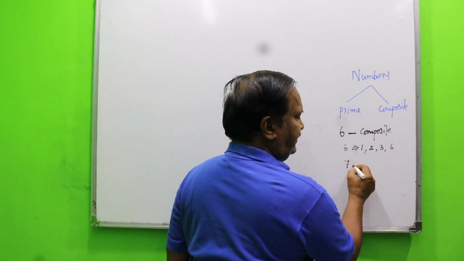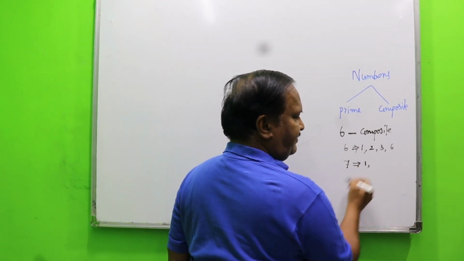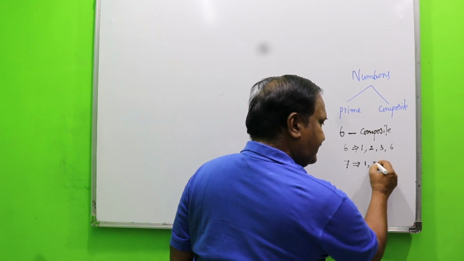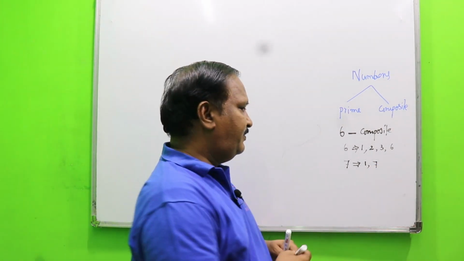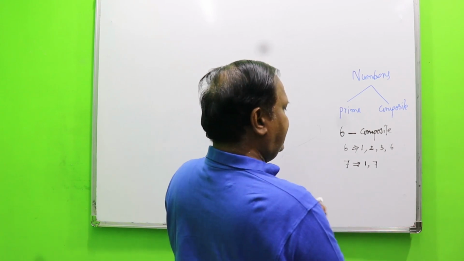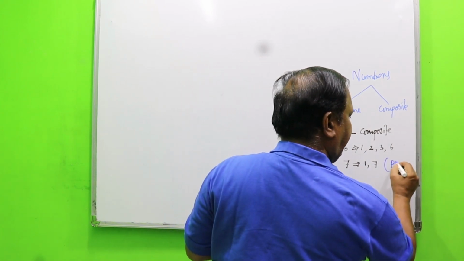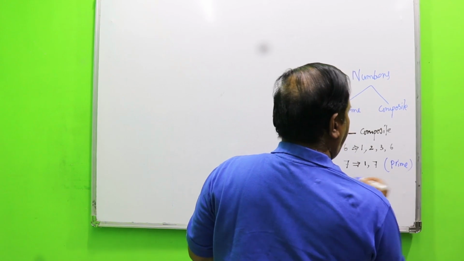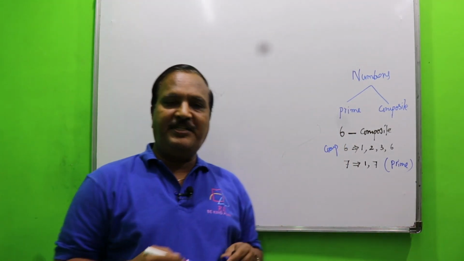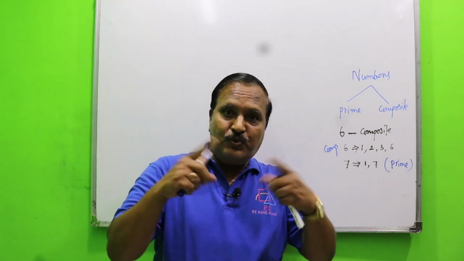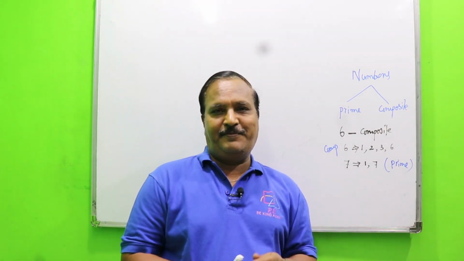For 7, only 1 is a factor, and 7 itself. That means 1 and itself. Therefore 7 we call a prime number and 6 we call a composite number.